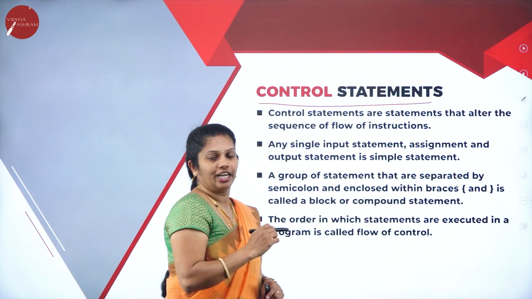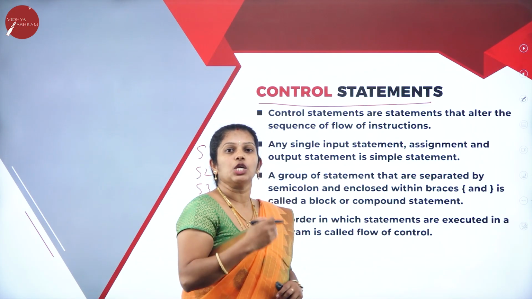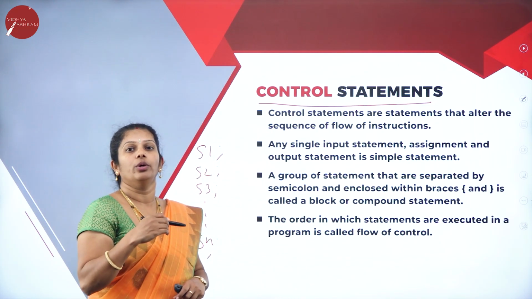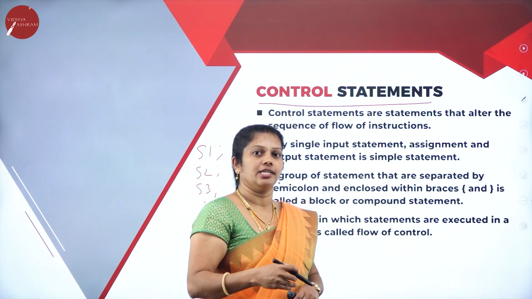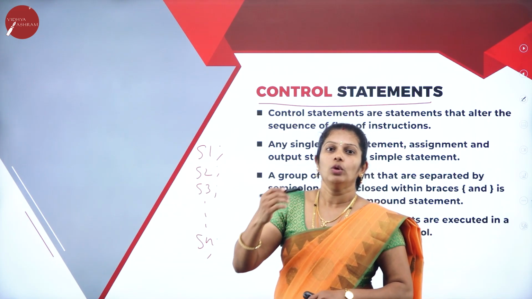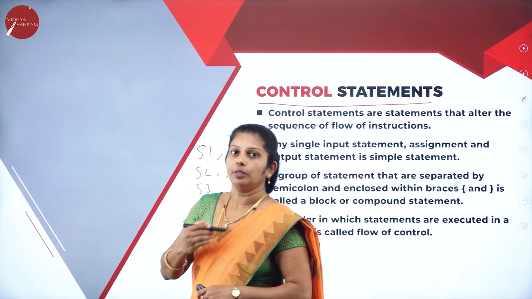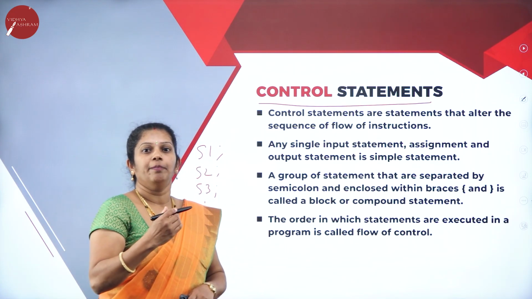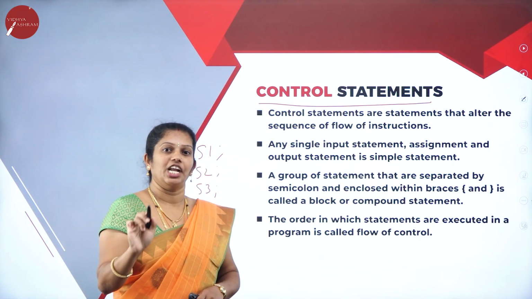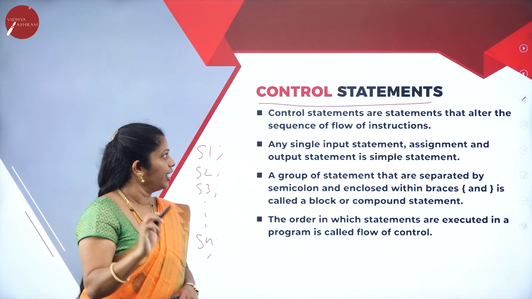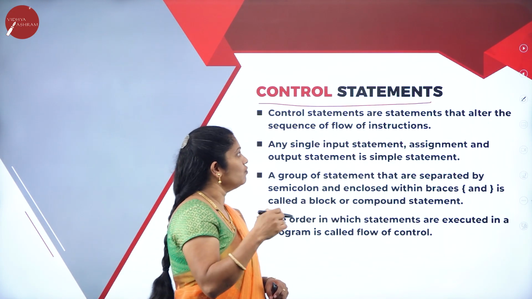Whereas control statement helps to control the sequence of statements, in which order or which statement I want to execute. Depending upon my condition, depending upon my requirement, whichever statement we want, we can select only that statement. The name itself says control statement. It will control or alter the sequence of statements.